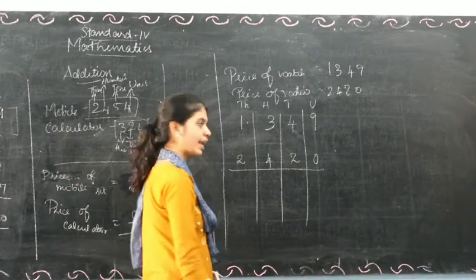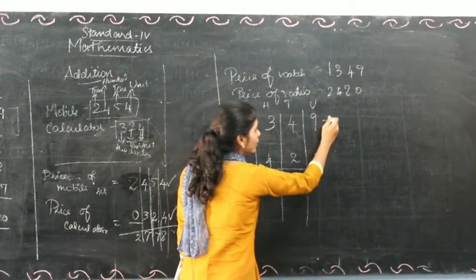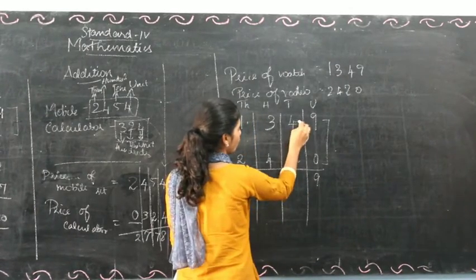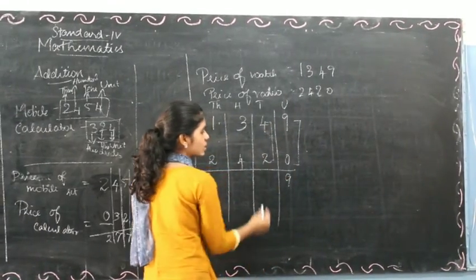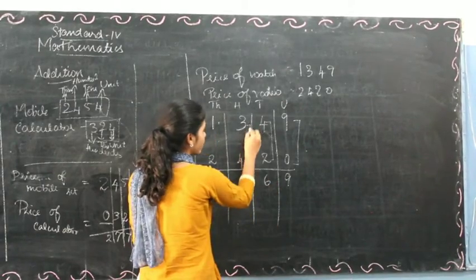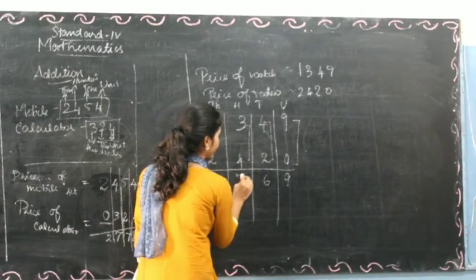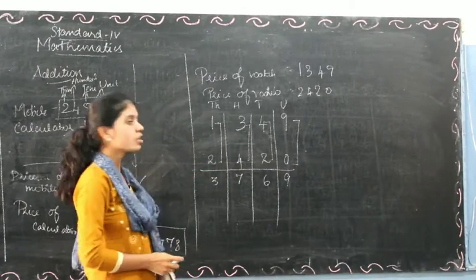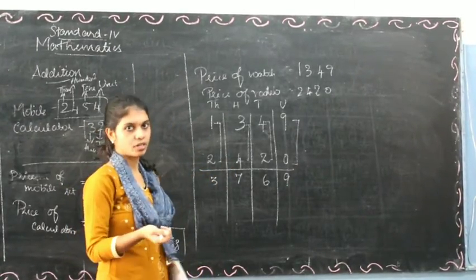Now we'll add them. So 9 plus 0 will be 9. 4 plus 2 will be 6. 3 plus 4 will be 7. 1 plus 2 will be 3. So this is how we add 4-digit numbers.